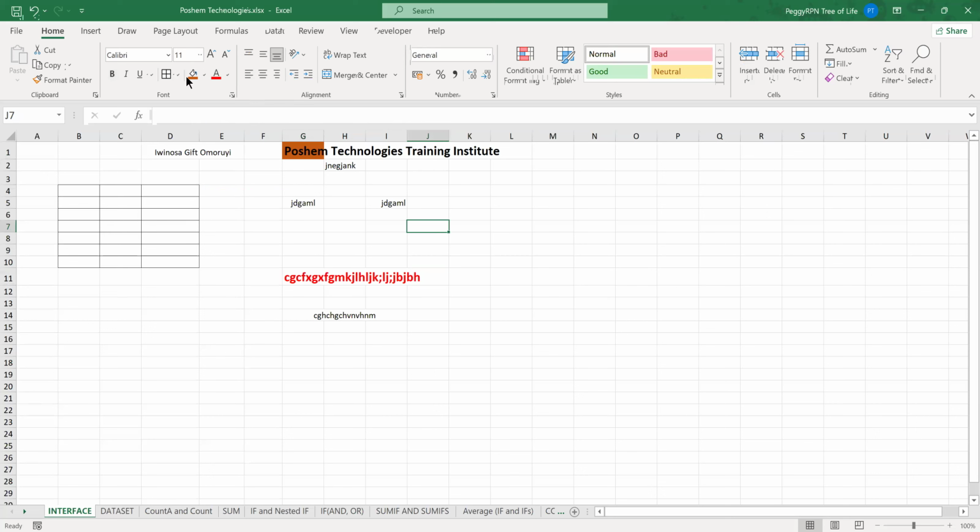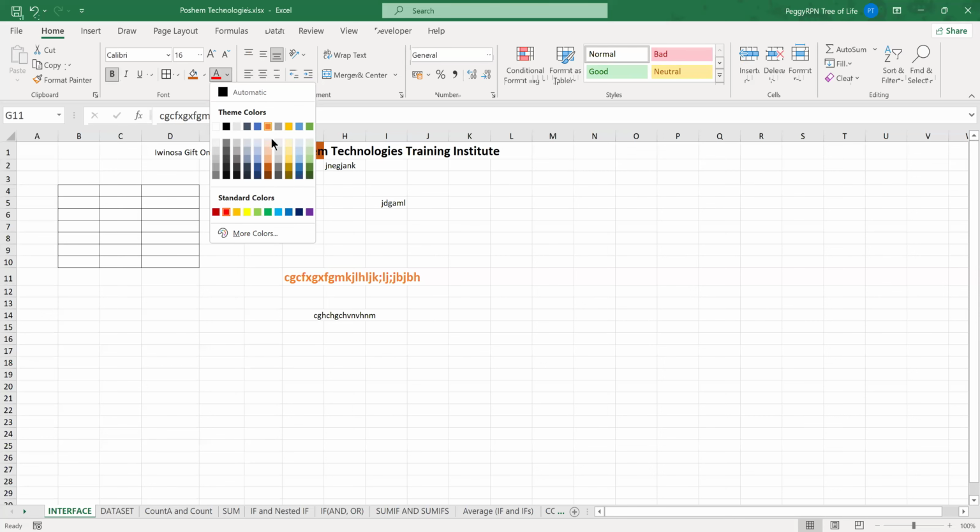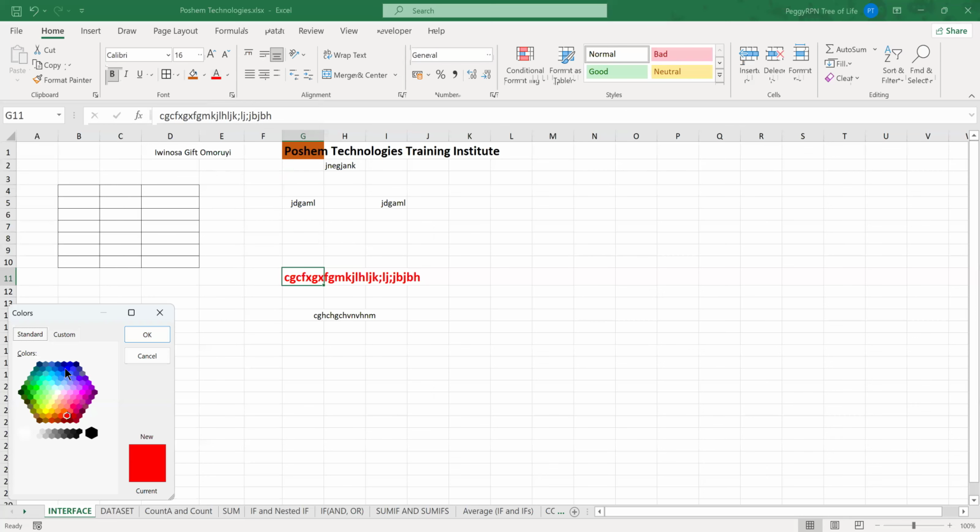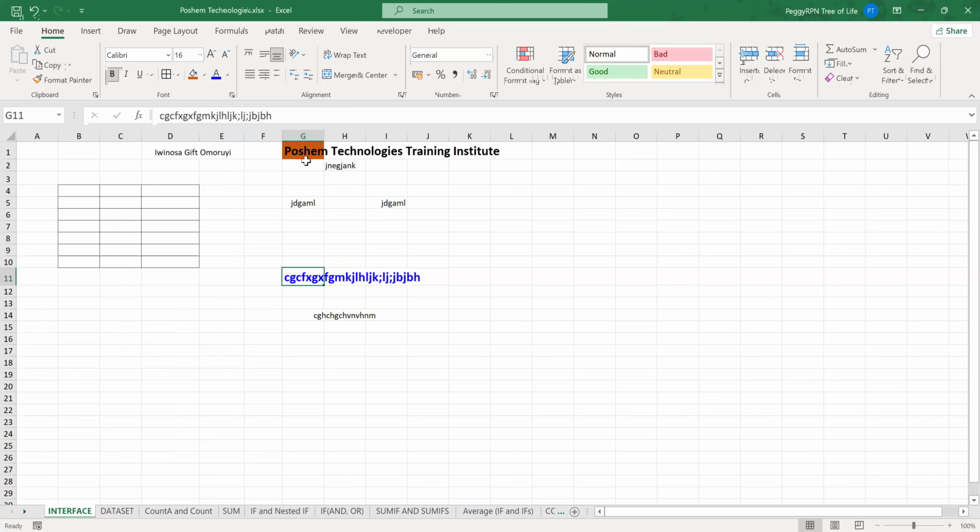So this one where the bucket is pouring out is the paint. And this one is for text, so I can give my text any color whatsoever. And I can come here and open more colors. So like that. I will still go into that tomorrow so I can have a grasp of it.